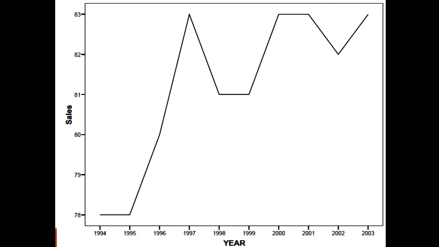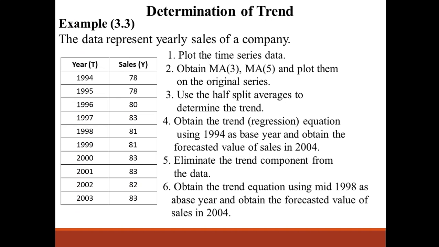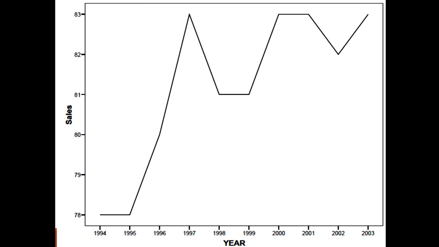the first one. In the first point, you want to upload the time series data. So I'll put years or time in the horizontal axis from 1994 to 2003, and sales I'll put in the vertical axis.